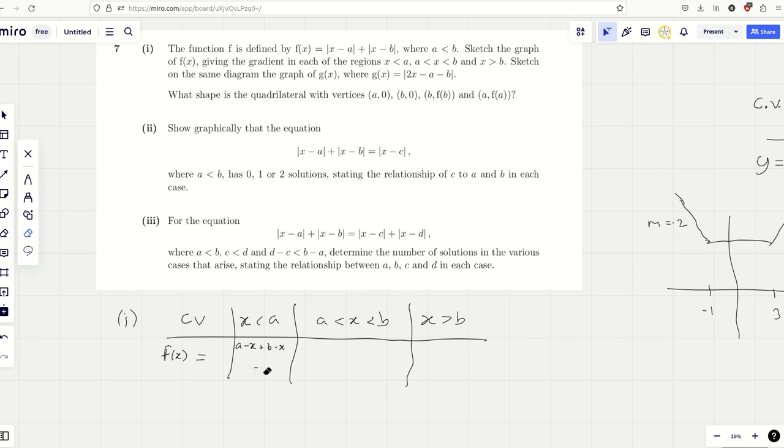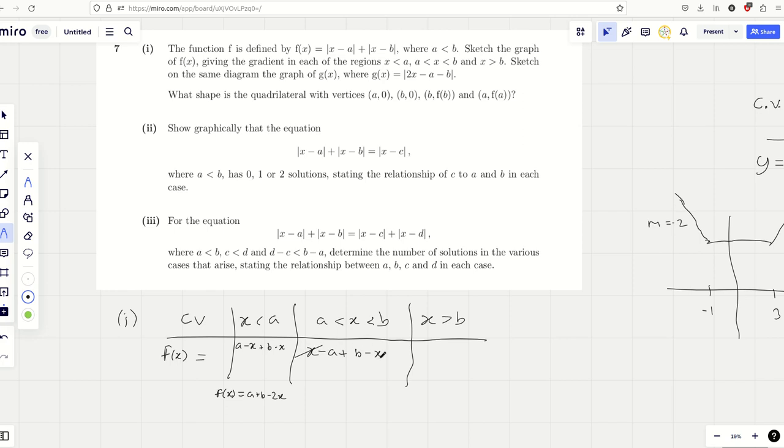Let me write it down with the f of x equals so it's a bit clearer to you. So here you're going to get f of x equals a plus b minus 2x. In the middle, as long as you're bigger than a, this is actually going to be positive, but that one's still going to be negative, and so you're going to have x minus a plus b minus x.